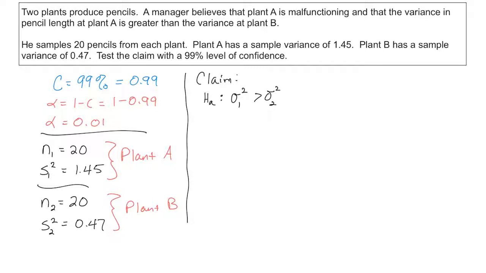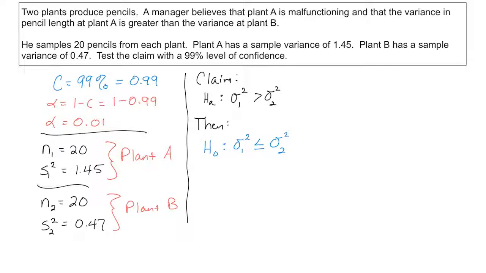Once we have the alternate hypothesis written down, then we can write down the actual null hypothesis. The null hypothesis is going to be the exact opposite of the alternate hypothesis. So if the claim is up here that this is greater than that, then the null hypothesis must be the mathematical opposite, which means that the variance coming off plant 1 is less than or equal to the variance coming off plant 2.